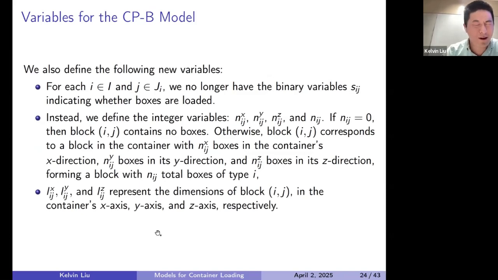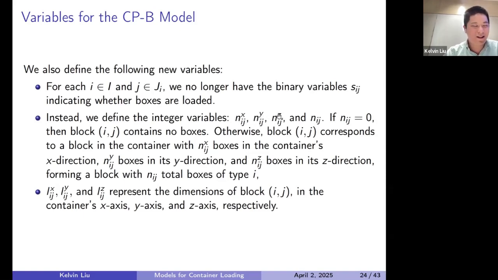These are the new variables. We no longer have the binary variables Sij, which determine whether a box is in or out of the container. Instead, we have 4 integer variables: nx, ny, nz, and n. n tells us the total number of boxes in the block. That could be 0, in which case the block contains no boxes, or it could be non-zero.